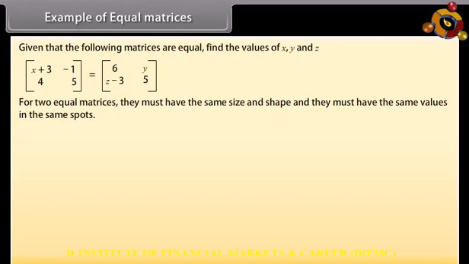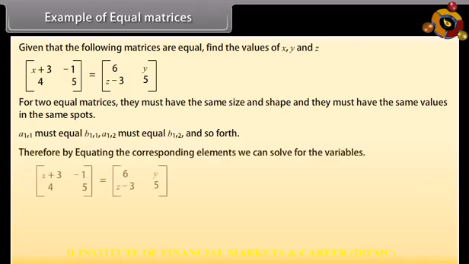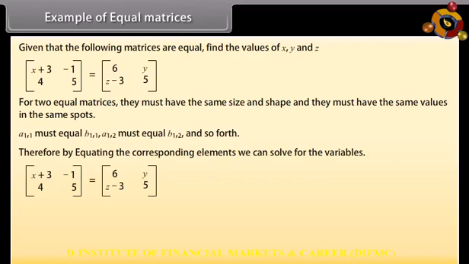Or we can say a_11 must be equal to b_11, a_12 must be equal to b_12 and so forth. Therefore, by equating the corresponding elements, we can solve for the variables. x plus 3 is equal to 6, x is equal to 3, y is equal to minus 1, z minus 3 is equal to 4, z is equal to 7.